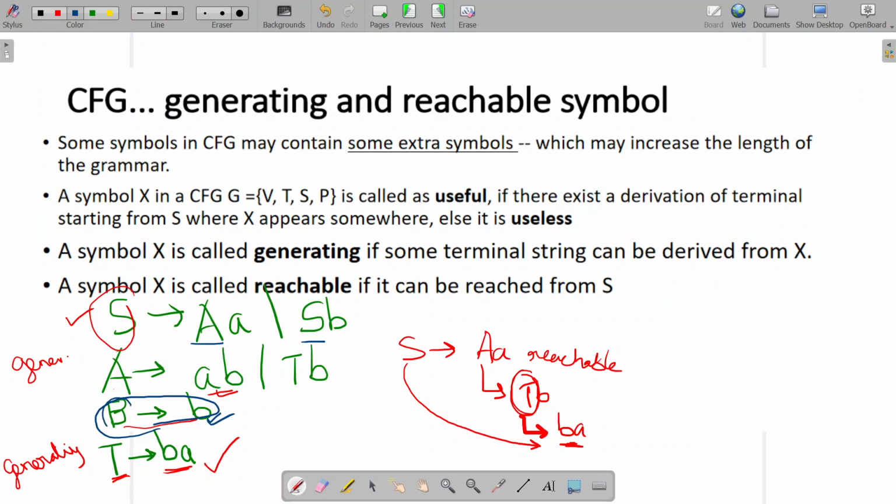If there is a symbol which occurs only on the left-hand side and never occurs on the right-hand side of a production rule, then that symbol is unreachable or non-reachable. The symbol is not reachable from the start symbol. This symbol is one example of redundant symbols, so we need to eliminate these symbols. This is the example of generating and reachable symbols in a grammar.